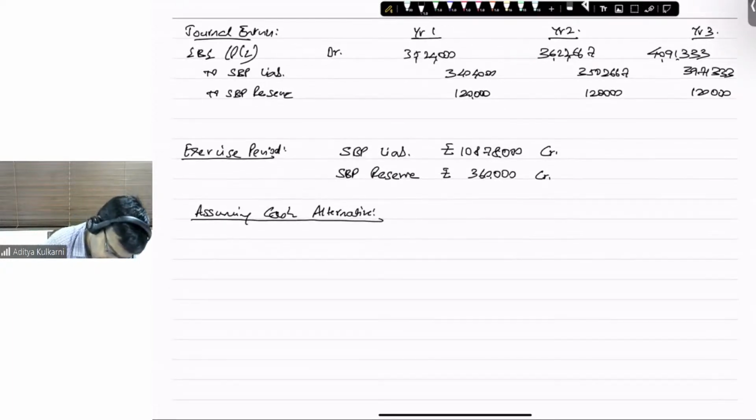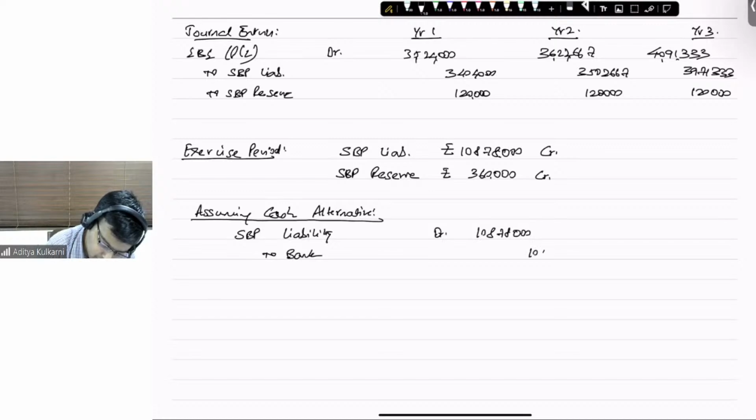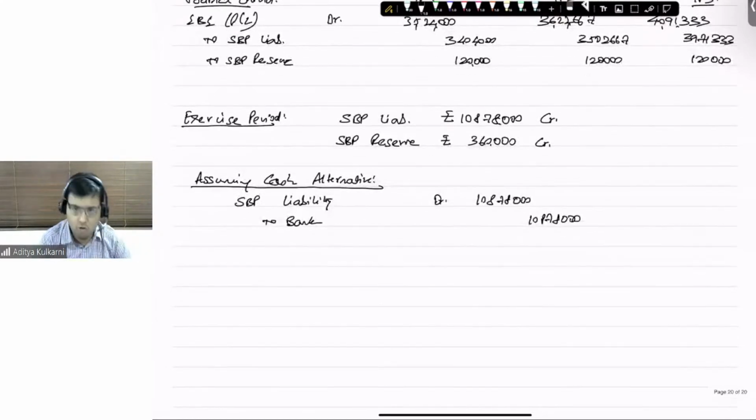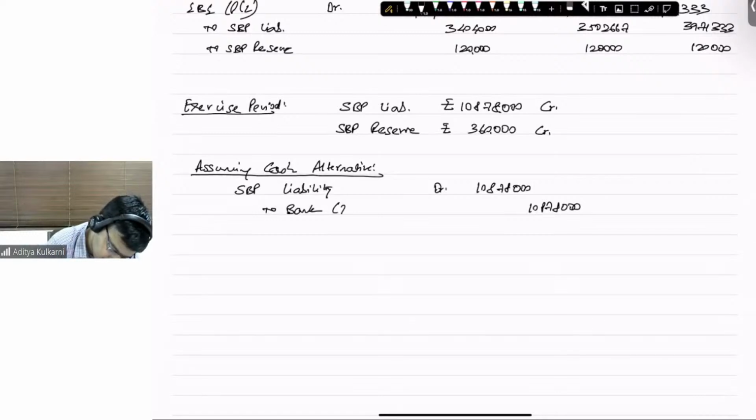The entry will be, वो कैश मांगने आएंगे, आप कैश दे दोगे, so SBP liability debit to bank. You will pay that 74,000 options into 147.